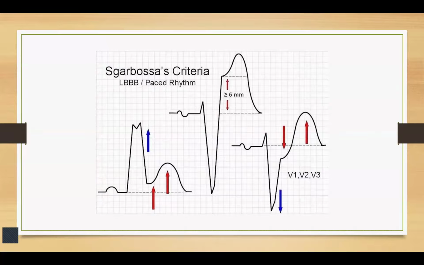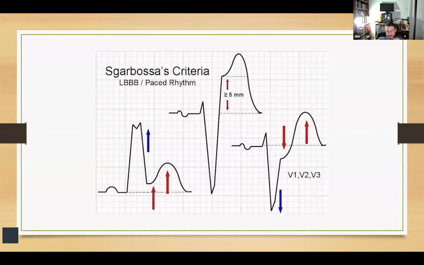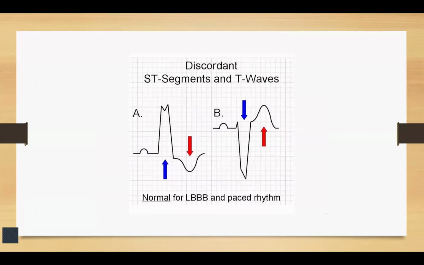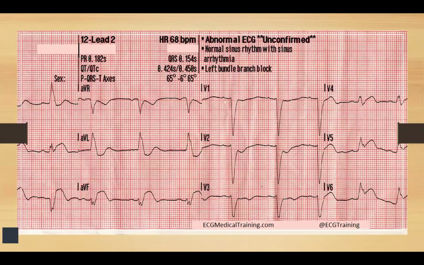So if we go back, he has all three criteria, and he has the greater than 5 millimeter, and we can see that definitely in V5 and V6.